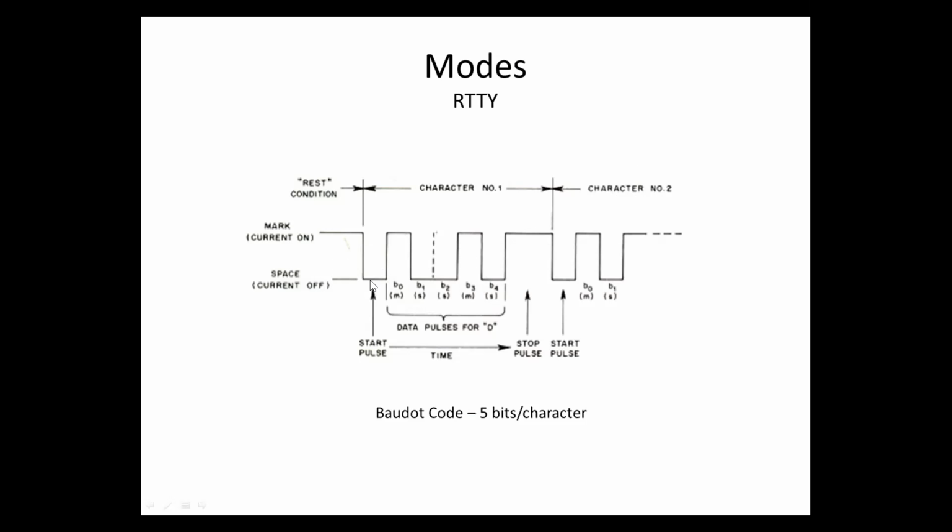But it does show how there's a structure to the transmission of the data where you have to indicate where it starts, the time where the data pulses are, indicate that we're stopped, and then go to the next character. So all the different protocols that are used to transmit serial data have these types of elements to it, and they just do it in different ways in different structures.